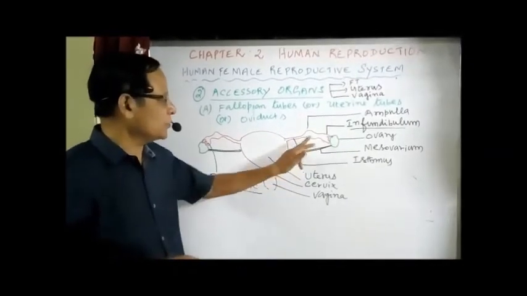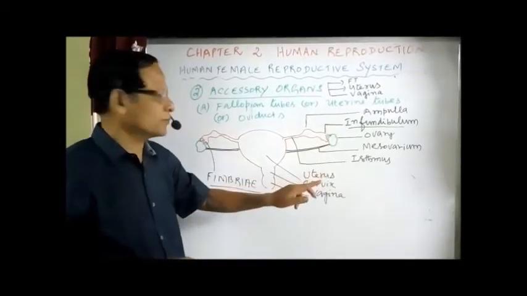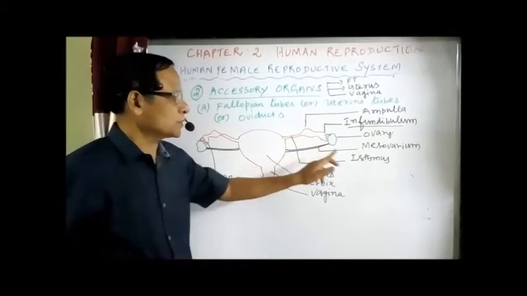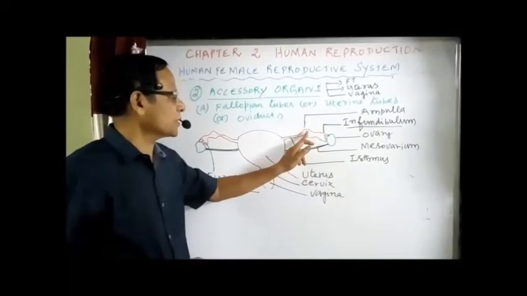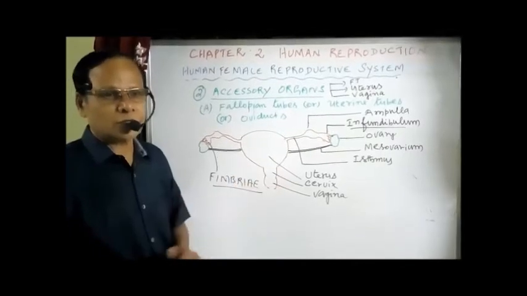So the fallopian tube is formed of three parts: the proximal infundibulum, the central wider part ampulla, and the last part isthmus, which connects to the uterus. That's about the fallopian tube.